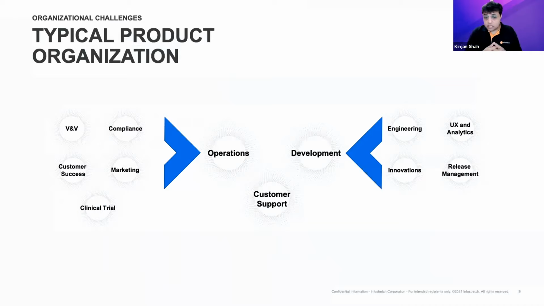And V&V is another big area where the regulatory teams are involved, because whenever you are developing a medical device, FDA is part of it, and you have to take care of those compliance and V&V processes.